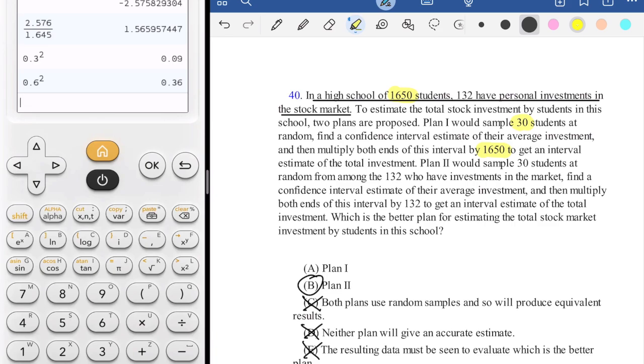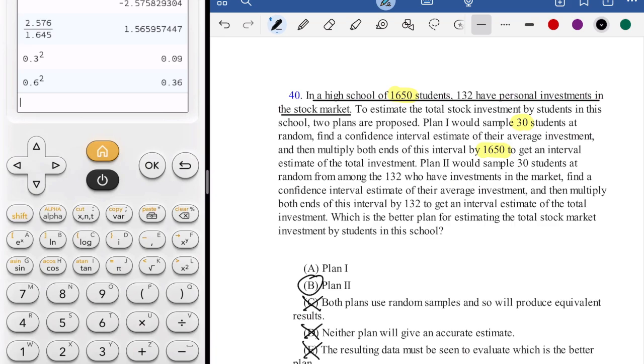That doesn't seem like the most appropriate way of handling it, because in theory, I could select 30 of the many students who do not have personal investments in the stock market. So I'm going to get a widely varied set of outcomes. It could be possible that I get, out of the 1650, the 30 students who invest the most, and that would skew everything in that direction.